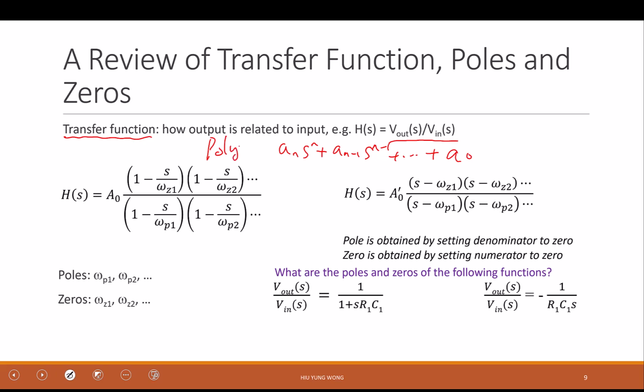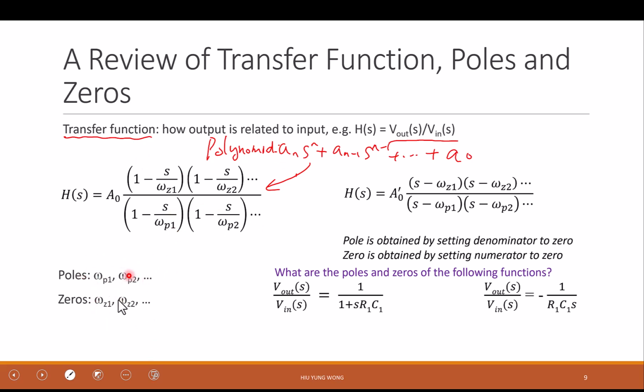And they have roots, right? And I can factorize it into two forms, okay? And those roots make them become 0, right? The roots means you substitute s by those numbers, then the whole term will become 0. For those on the top, we call them zeros.